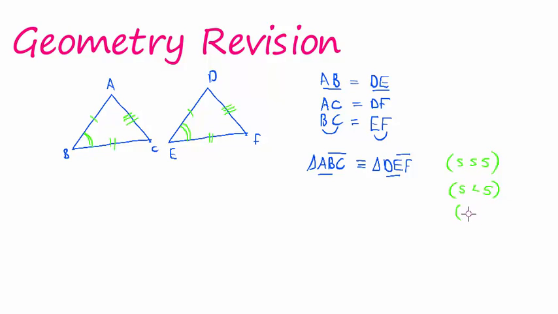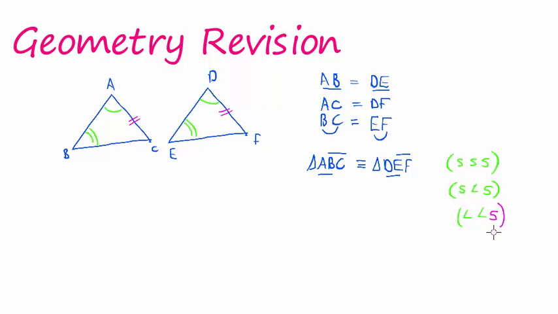Also, if I have instead 2 angles that are equal, this angle is equal to that angle, and this angle is equal to that angle, then if I can get just one more side to be equal, any side, it doesn't matter which side, then any 2 angles and any one side means it's also congruent.